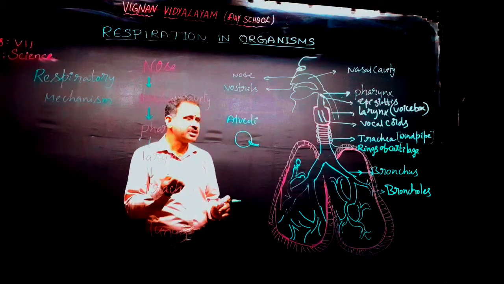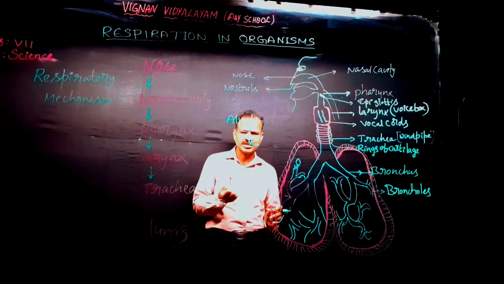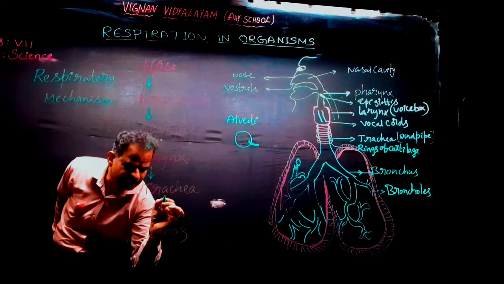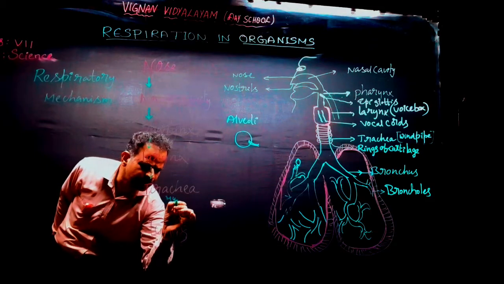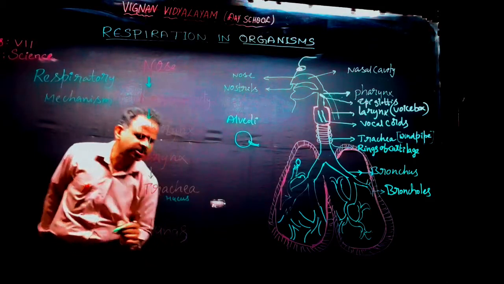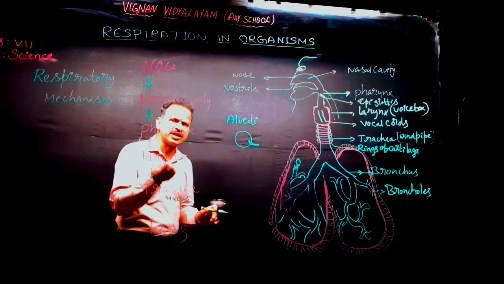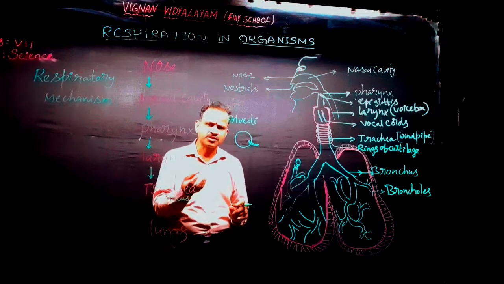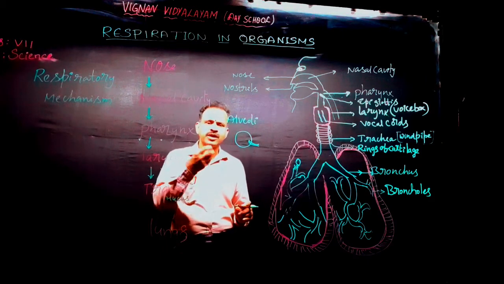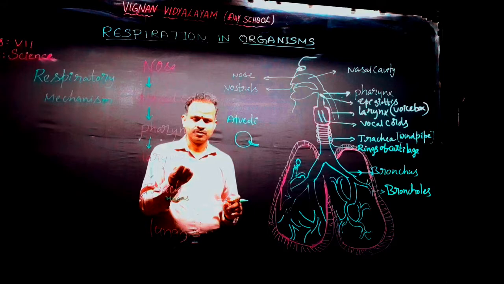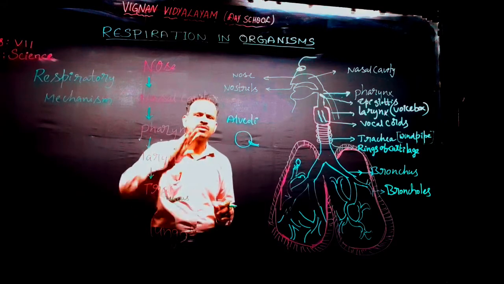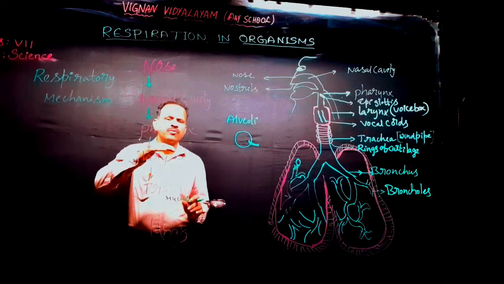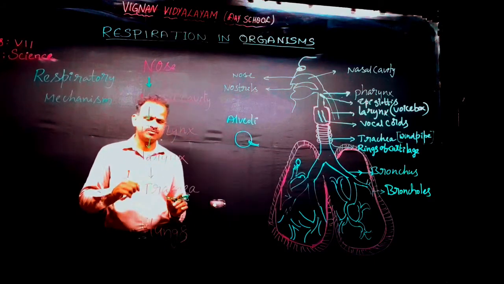And the walls of the trachea secrete a sticky substance that is called mucus. When we inhale, the air is hot, so this mucus cools down the air and filters the dust particles, etc.